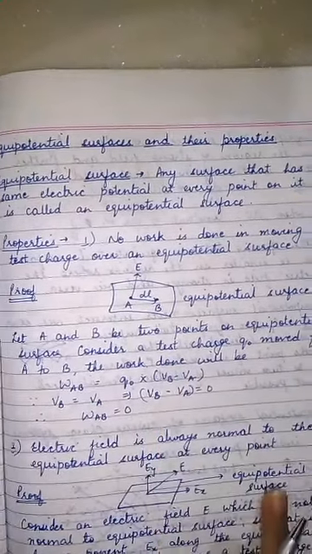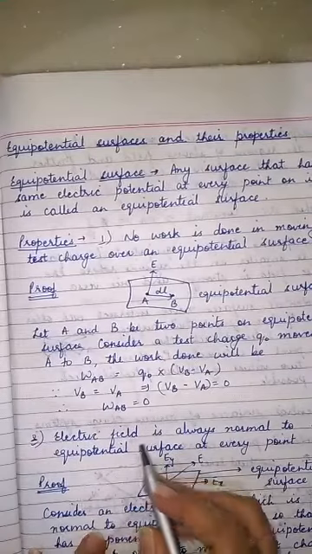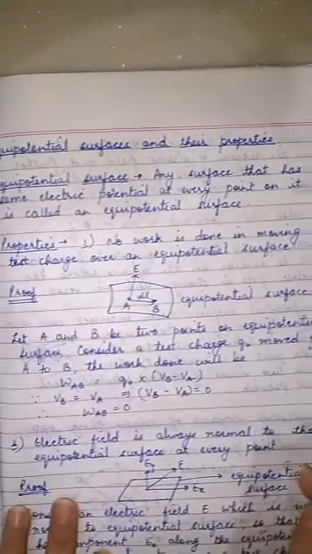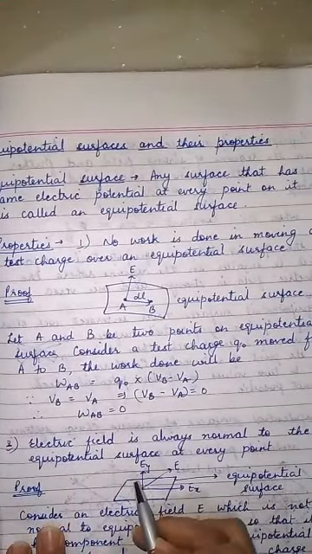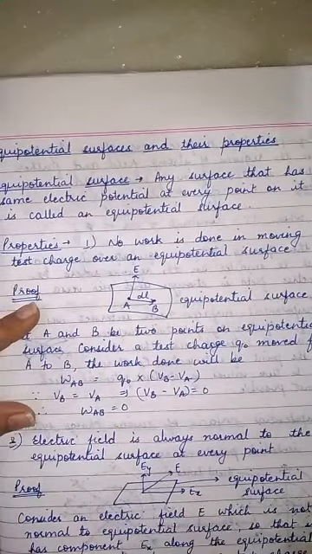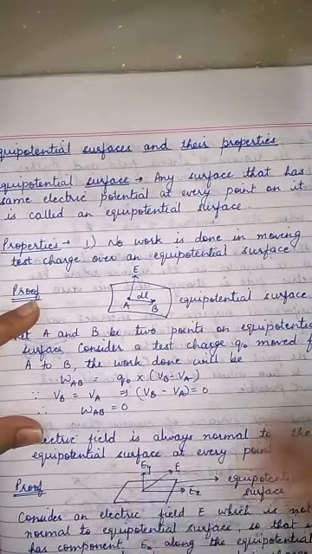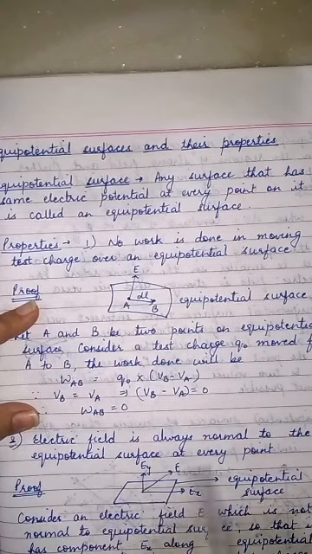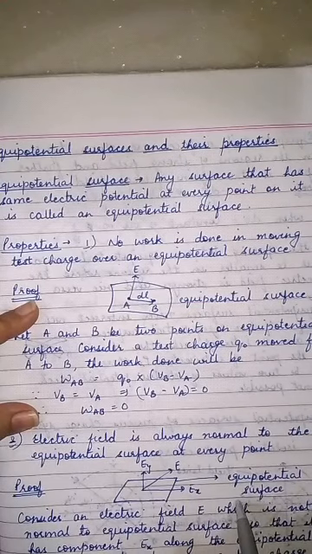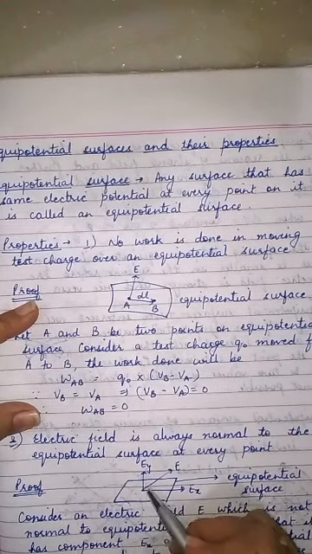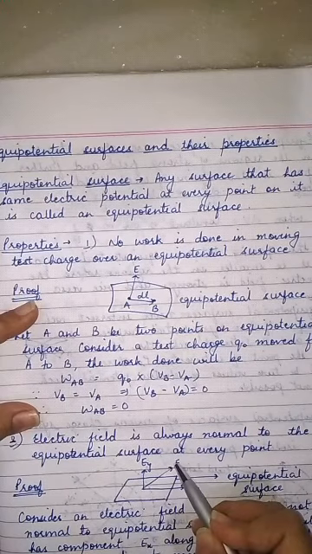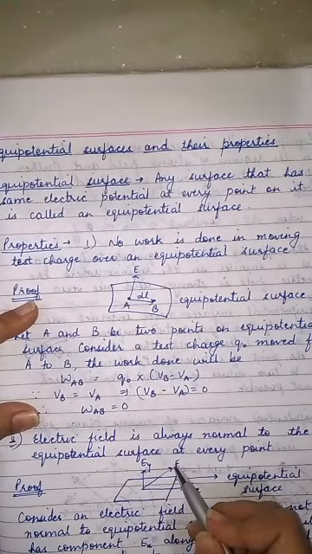The second property is that the electric field is always normal to the equipotential surface at any point. We can also prove this point. Consider there is an equipotential surface and the electric field is not normal to that equipotential surface.